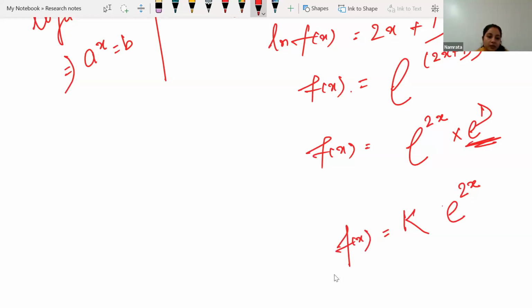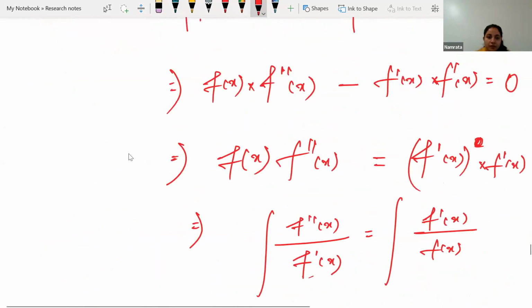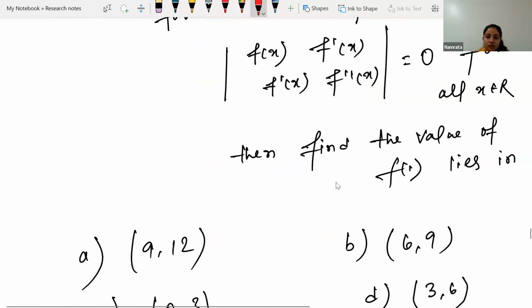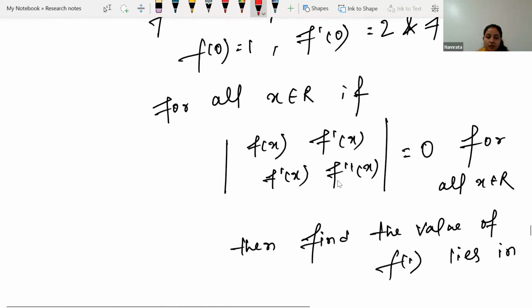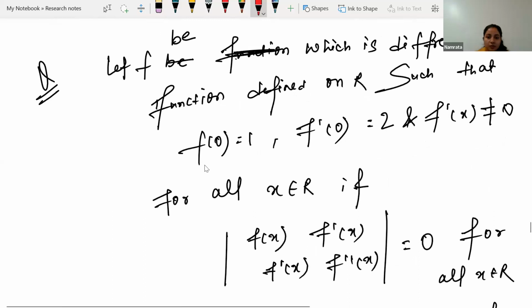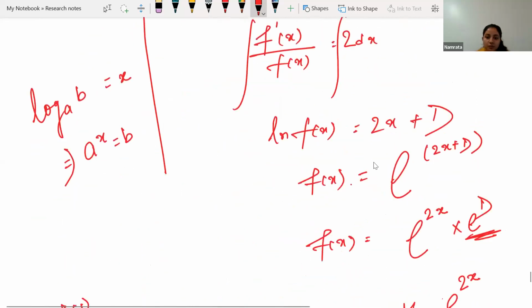Now we have to find f of 1, no? F of 1 we have to find, that means x is 1. When x is 1, then f of 1 is k e squared. Before that, if we use the given condition, is it possible to get the value of k?